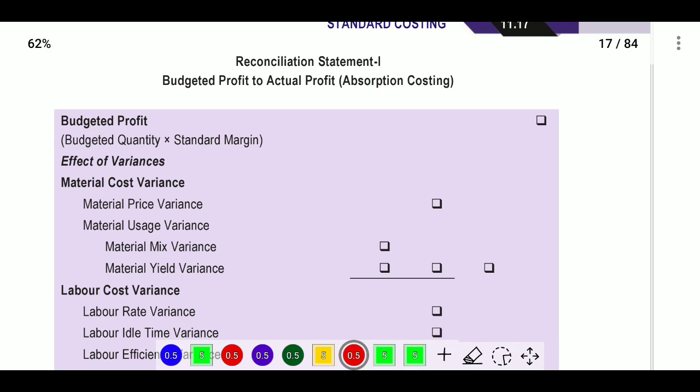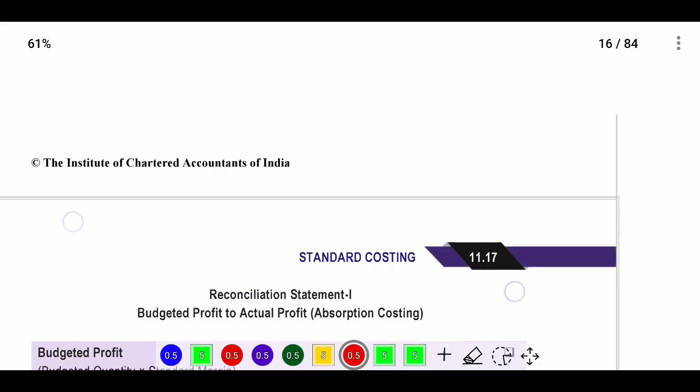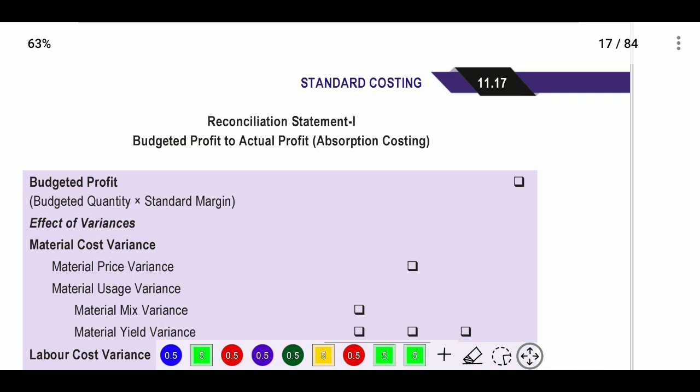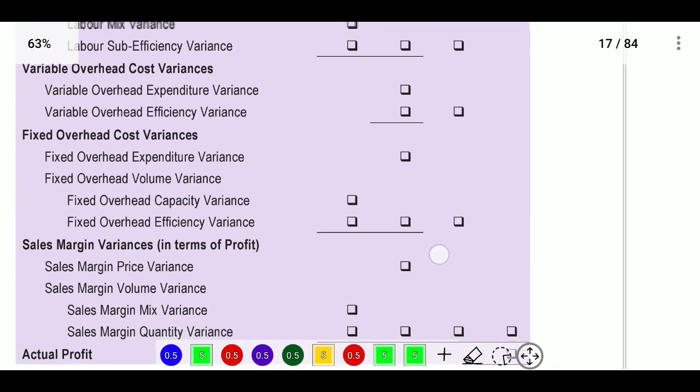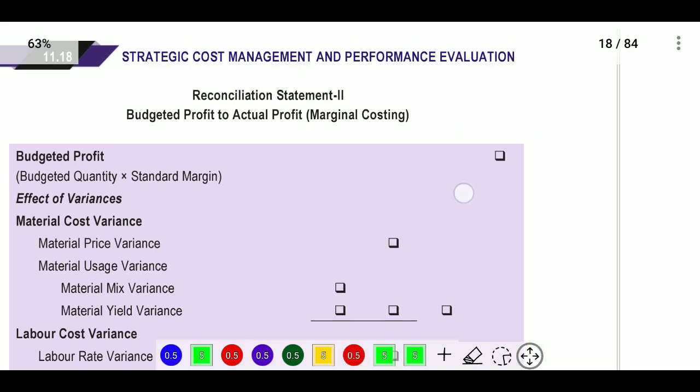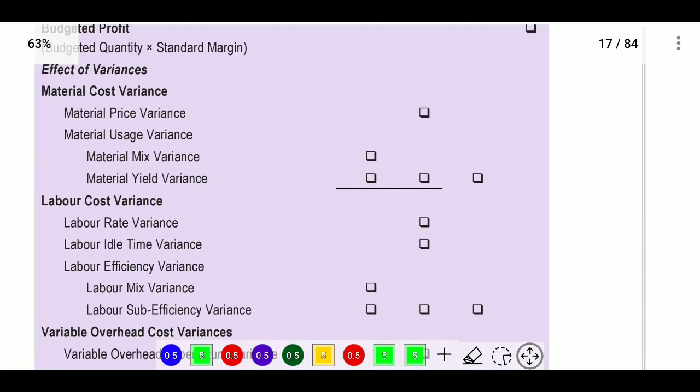We have two categories: one is the absorption costing way, and another one is marginal costing. Did they provide marginal costing or not? Yes, they provided marginal costing the second time, and the first time will be actual. We will discuss absorption costing first here.